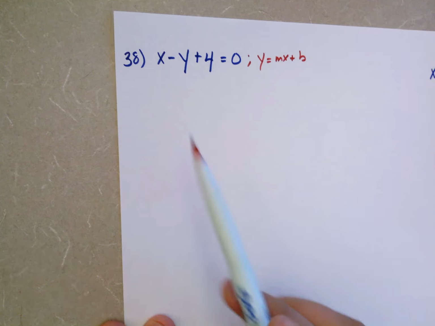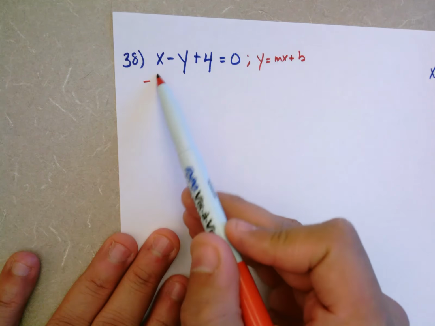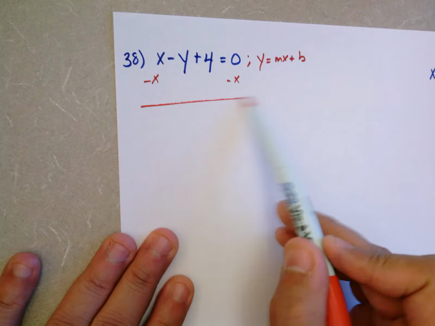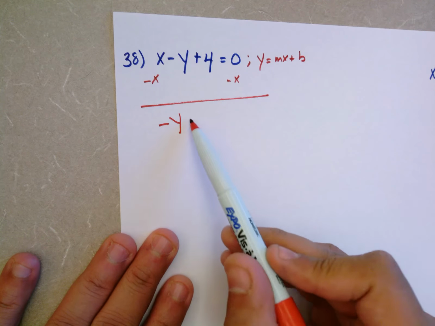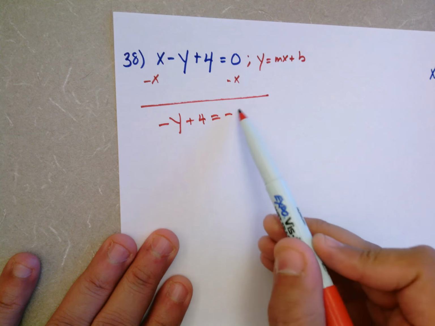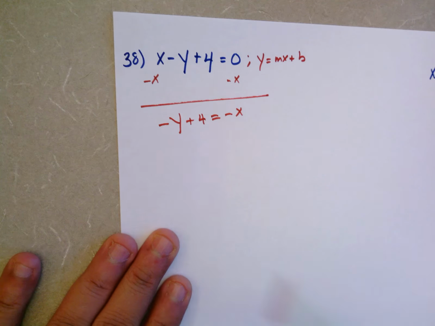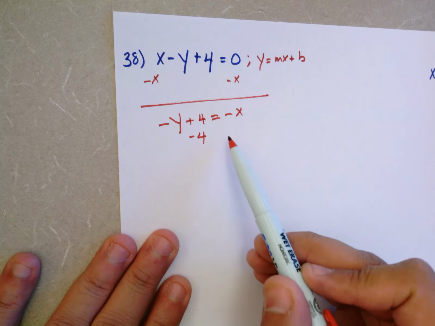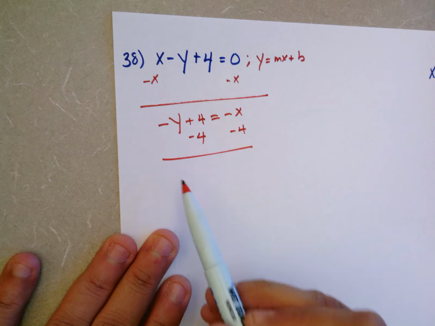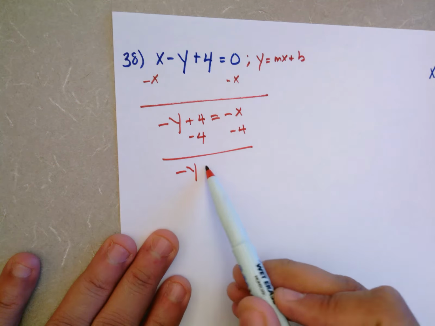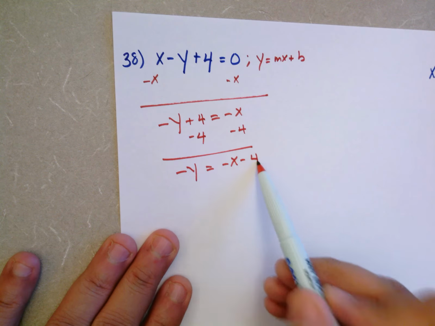So what we can do, we can leave the y here. We're going to subtract x from both sides. So I'm left with negative y plus 4 equals negative x. And then subtract 4 from both sides. So negative y equals negative x minus 4.